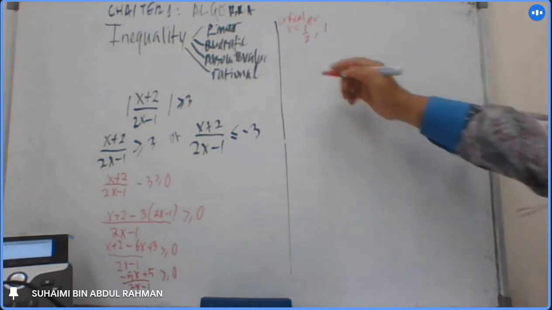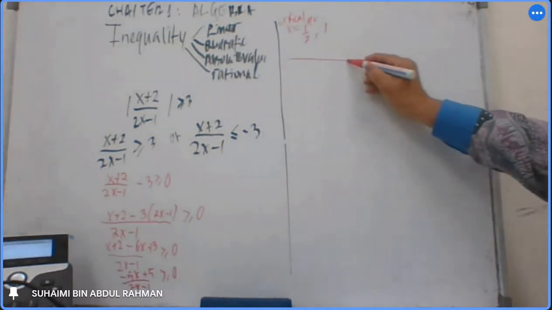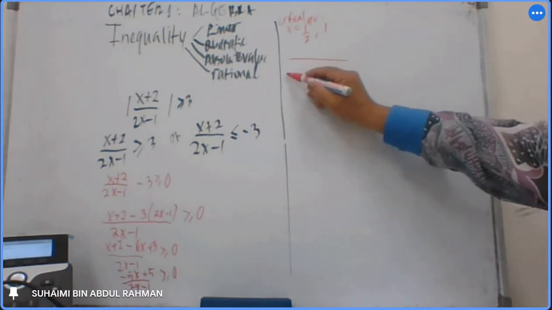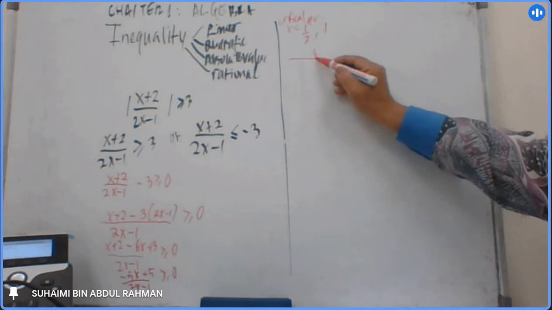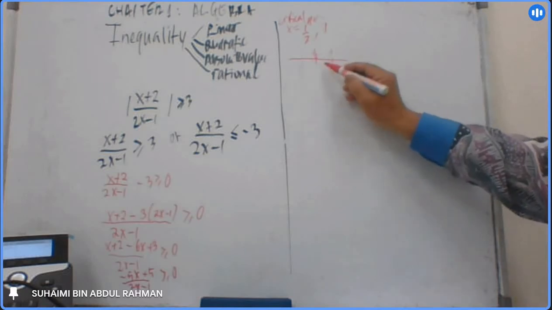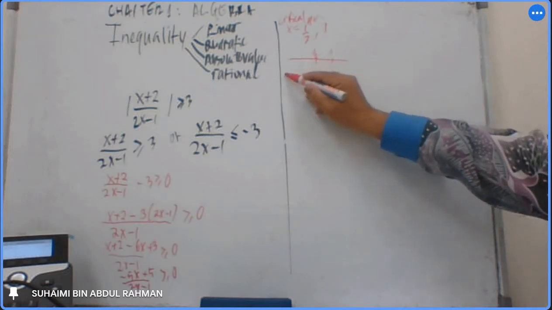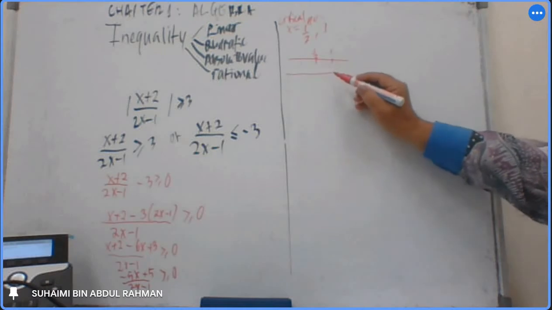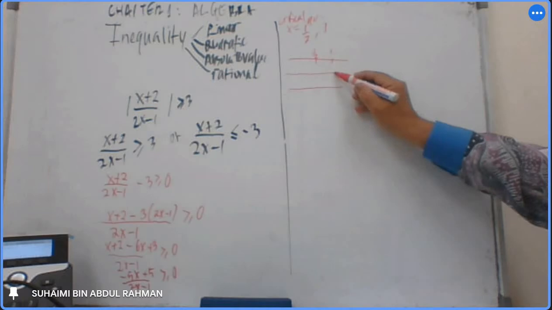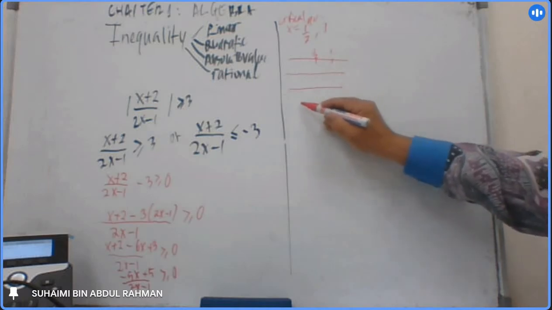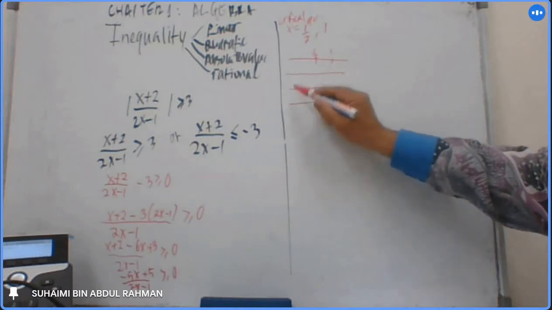So we make a sign diagram: 1 over 2, 1. Minus 5x plus 5, 2x minus 1, resulting sign.